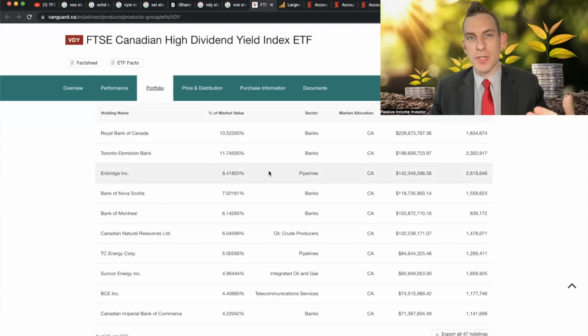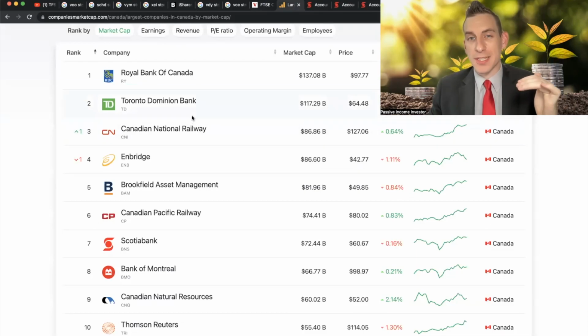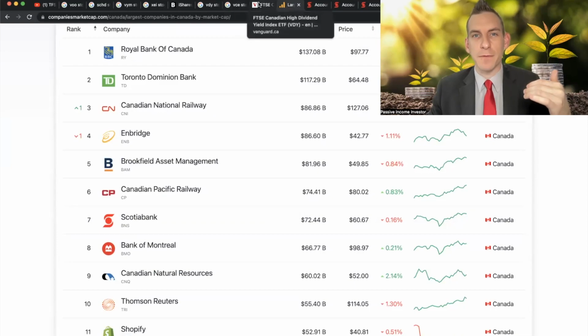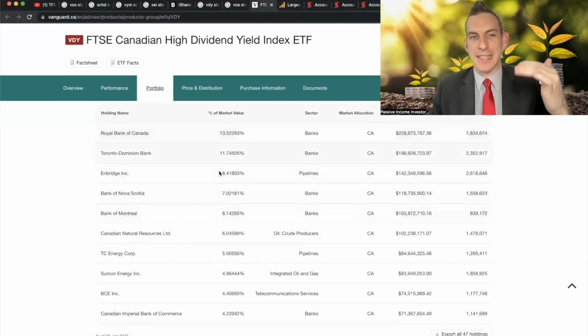And you'll also notice that VDY basically follows the typical Vanguard, let's weight it by market cap perspective, because we can see the largest holdings in VDY tend to actually follow the largest dividend holdings of the Canadian compass at the S&P TSX by market cap weighting, because Royal Bank, the largest company in Canada, next to Toronto Dominion Bank. You can see Enbridge in here, followed by like Scotiabank, BMO, Canadian Natural Resources, which again follows very in line with the exact holdings here.